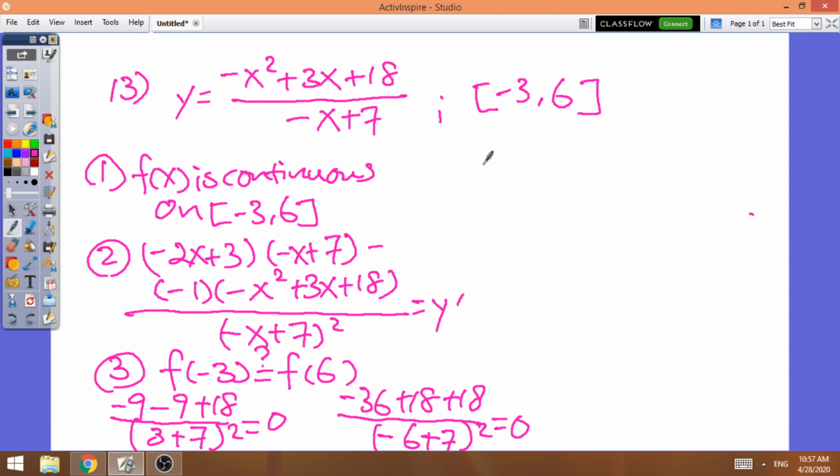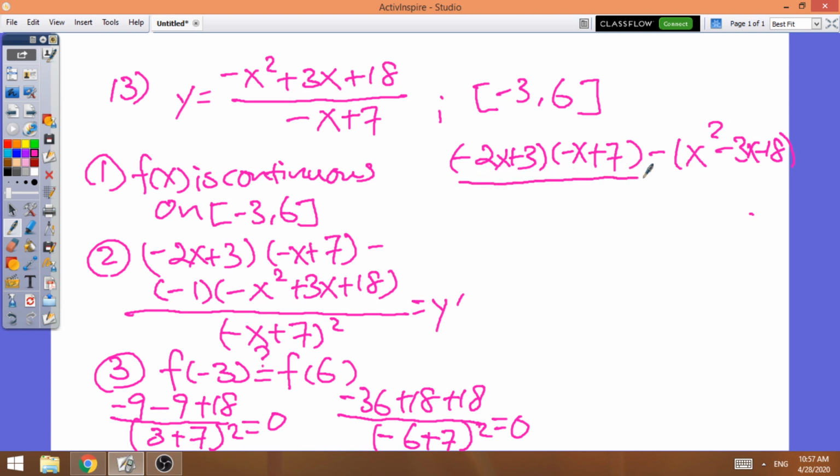We set the derivative equal to 0, so that means negative 2x plus 3 times negative x plus 7, minus, negative times negative is positive, the quantity x squared minus 3x minus 18, all over the denominator, negative x plus 7 quantity squared.